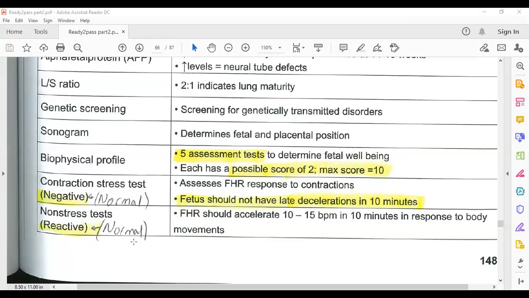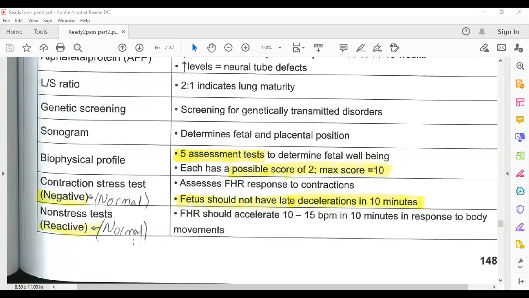If the contraction stress test is positive, it indicates abnormal findings, meaning late deceleration present in 50% or more of contractions, indicating uteroplacental insufficiency.